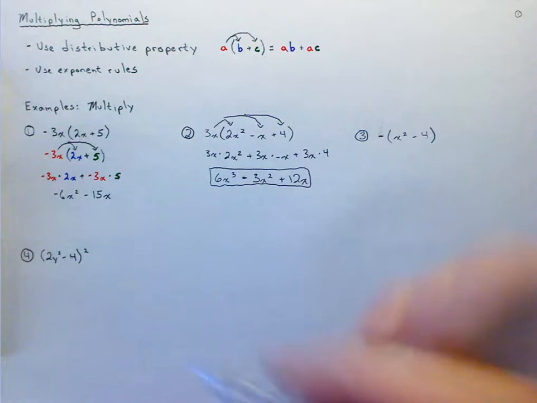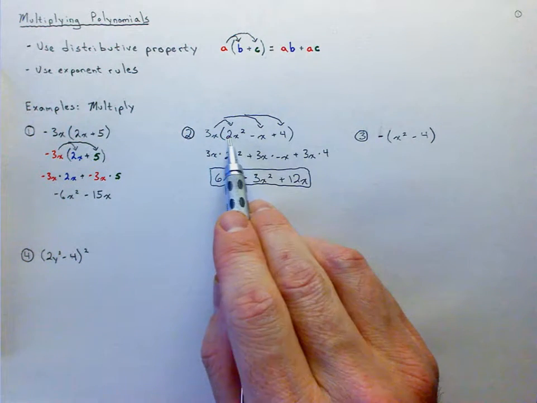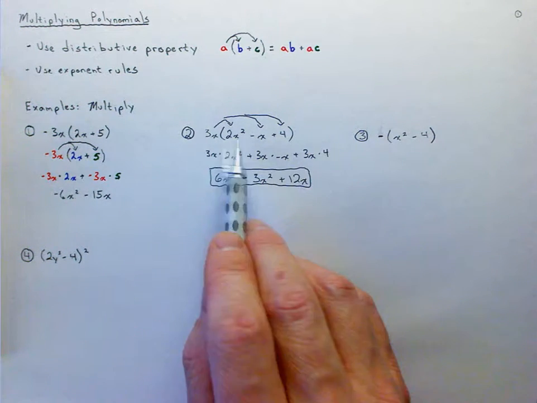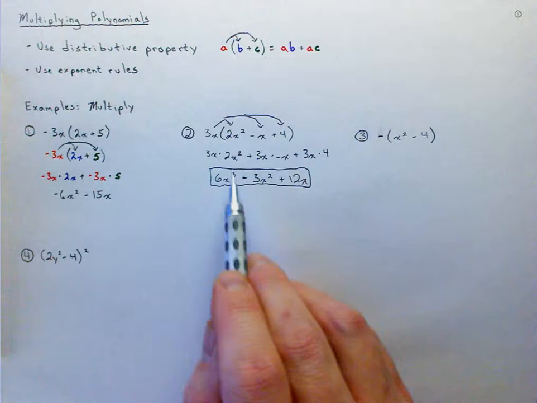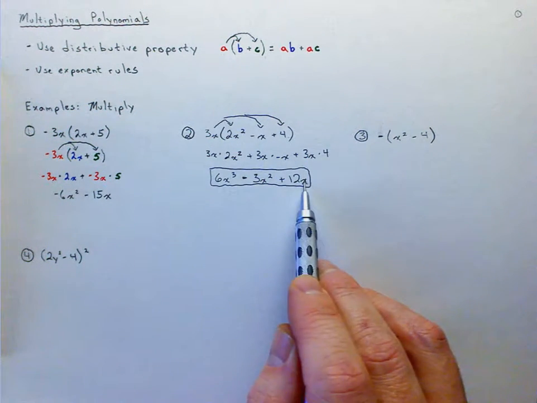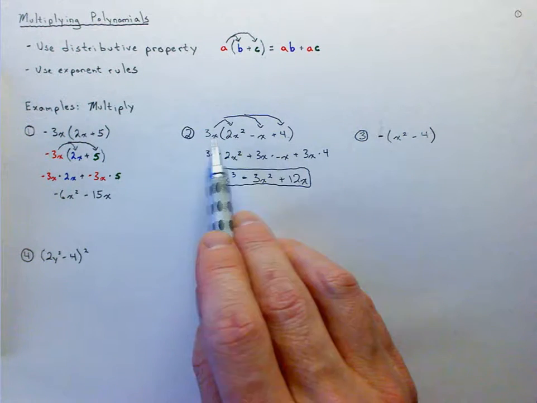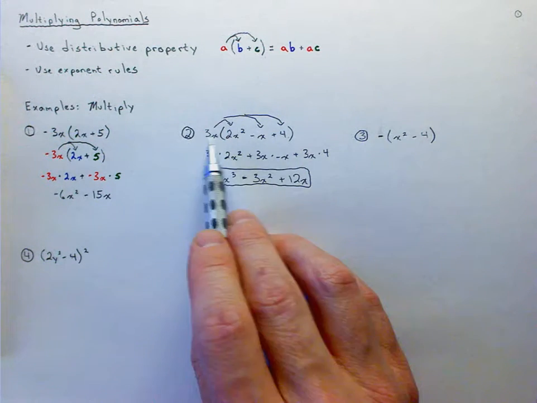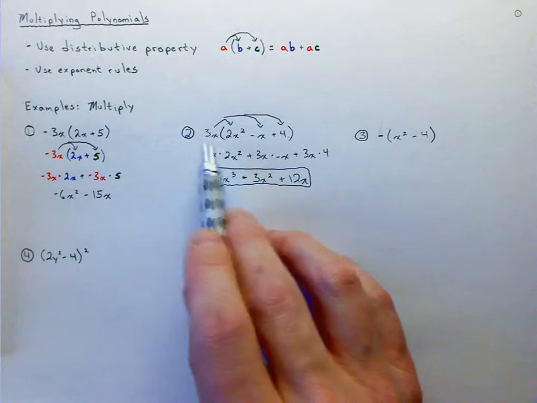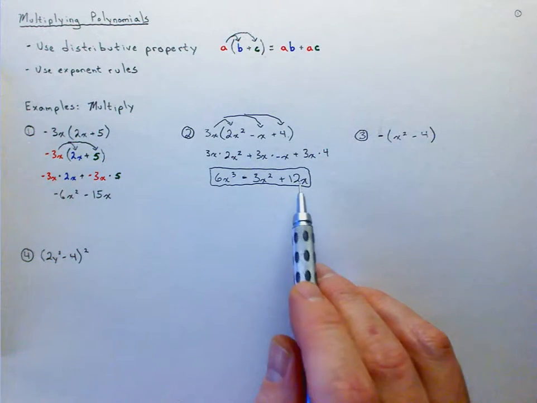If you look at what I have right here, 2x squared minus x plus 4, I increased everything by the value of x, so that becomes x cubed, that becomes x squared, that becomes an x. And then I took each coefficient and multiplied it by 3. So 2 times 3 is 6, 3 times 1 is 3, 3 times 4 is 12.